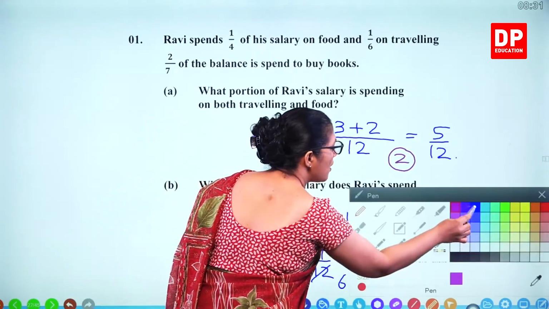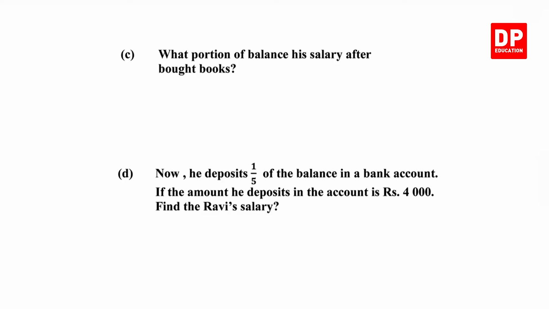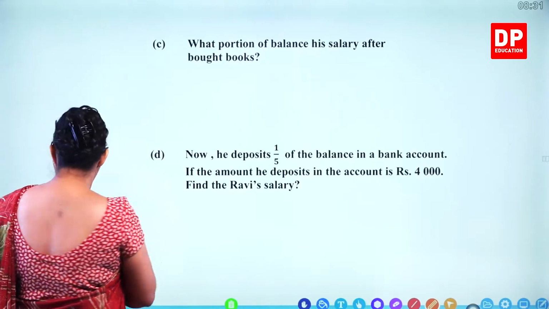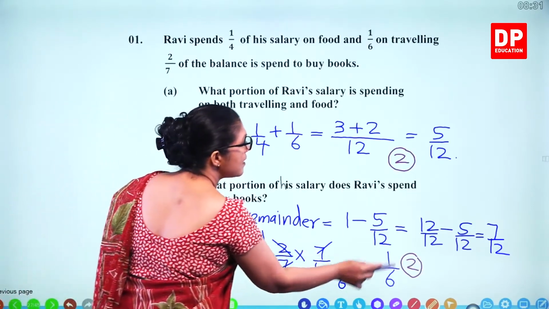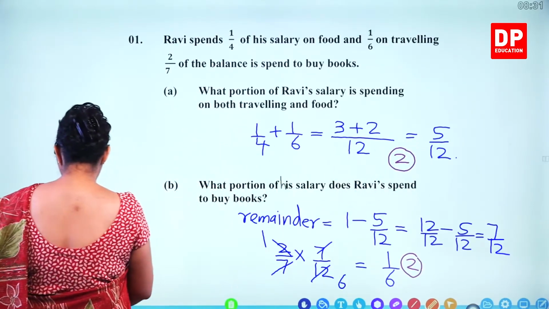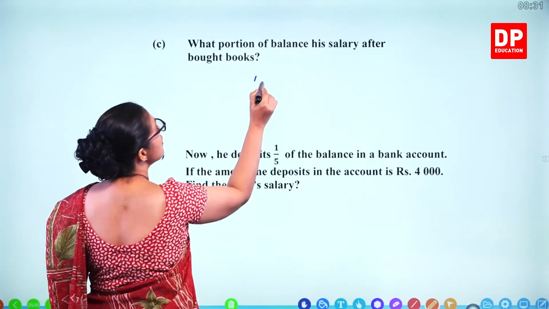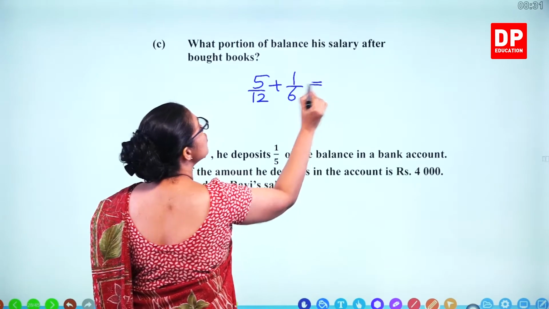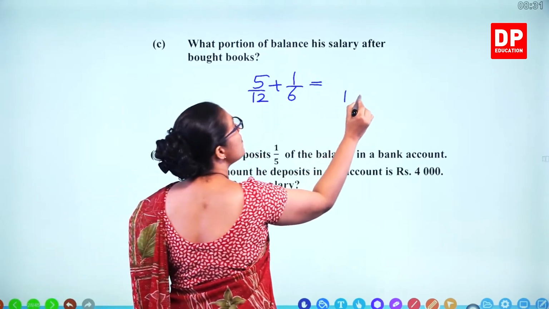Let's do the next one. What portion of his salary is the balance after he bought books? So now this is 1/6 and 5 over 12 used. So we'll find the addition. 5 over 12 and 1/6. What's the total? Convert to the same denominator.